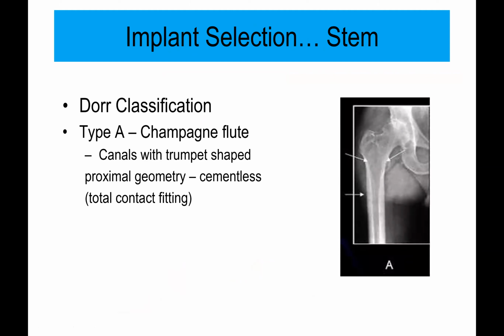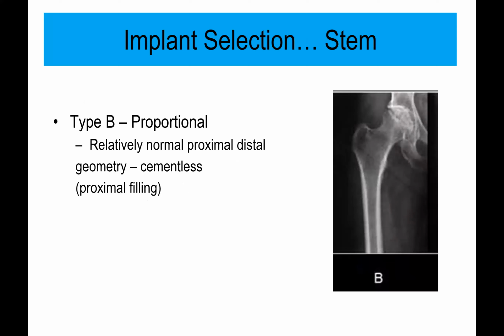So first thing, for the stem, Lawrence Dorr classified the stem, the Dorr classification, in 1992. He described 3 types. Type A is the champagne flute, where the canals are trumpet shaped. Then you have type B, which is proportional, relatively normal proximal-distal geometry, advised cementless.